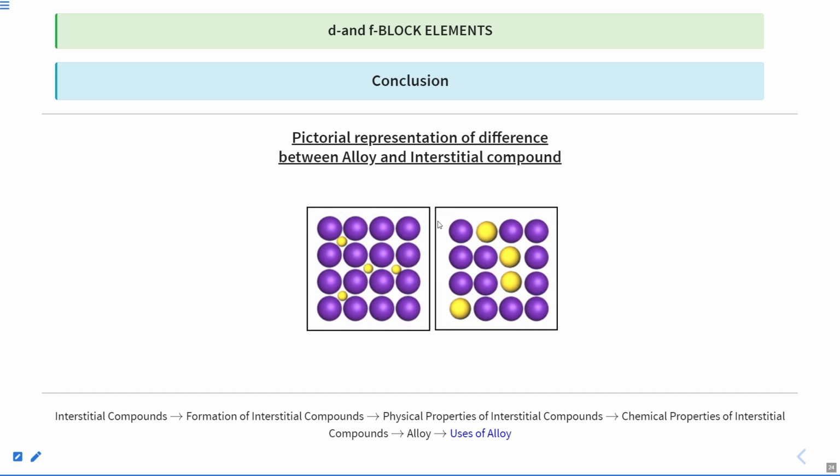From the pictorial representation, it is obvious that in case of interstitial, the size of the parent atom and the size of the small interstitial atom should have a difference, so the atomic radii vary much. This is very large in size, this is very small. Whereas in this case, both elements have comparable size.